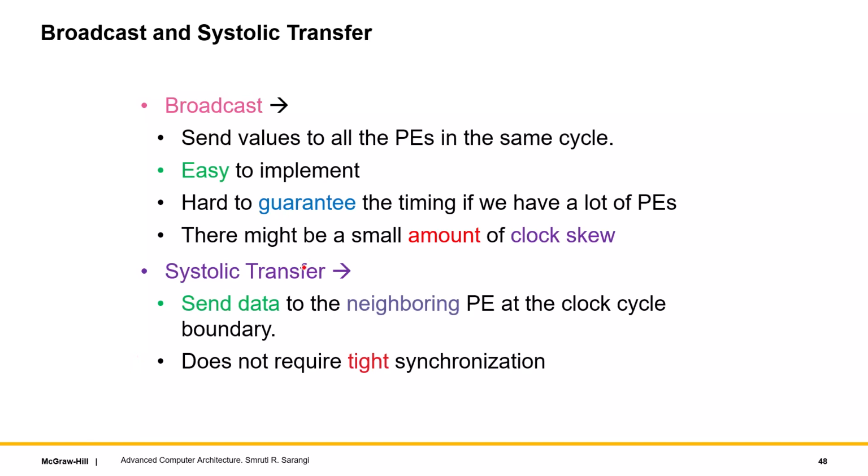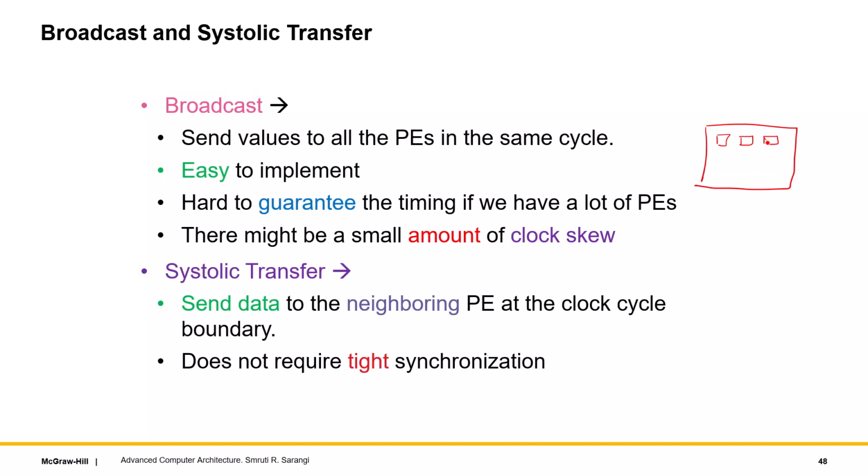We will look at two different methods of transferring data in hardware. One is broadcast, where I send a value to all the P's in the same cycle. We are thinking of an accelerator to broadly be an array of P's, like a large 2D array of P's.